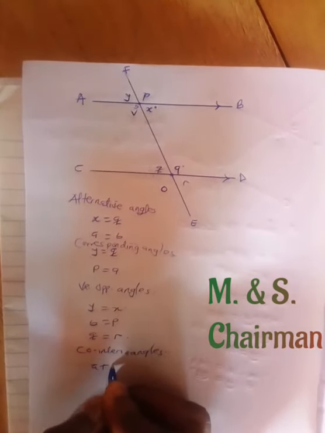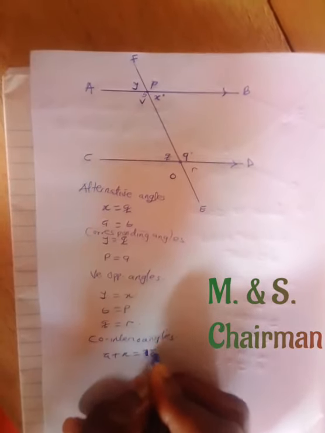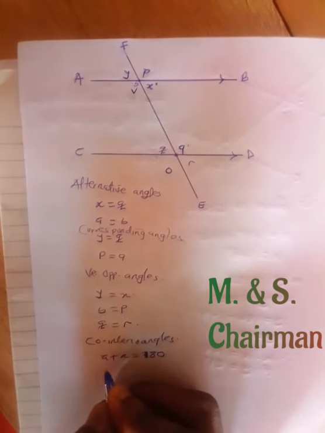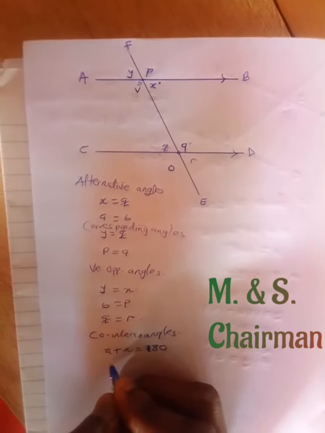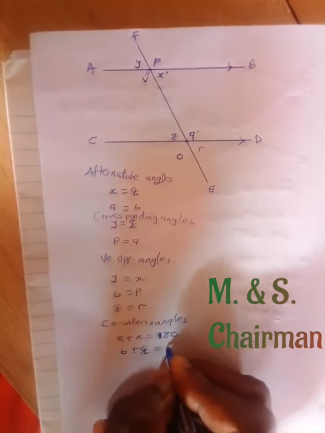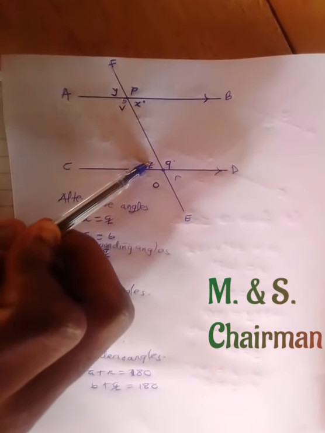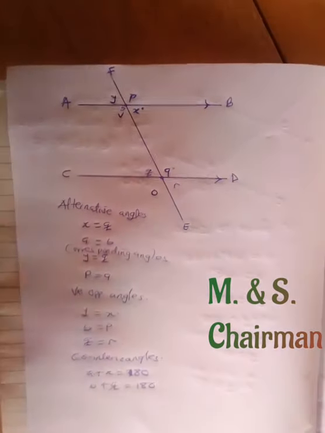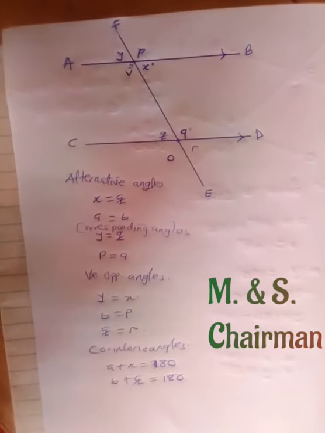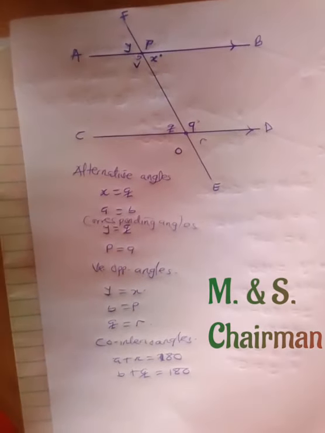So A plus S is equal to 180, and B plus Q is equal to 180. So this B, this Q, that's co-interior angles. They sum up to 180. So that's just a summary of how easy angles are. So I hope you enjoyed it.